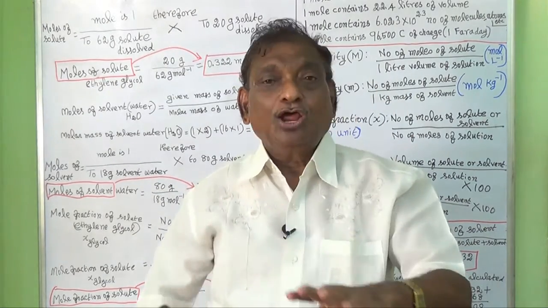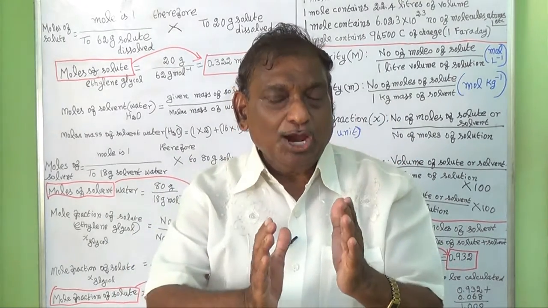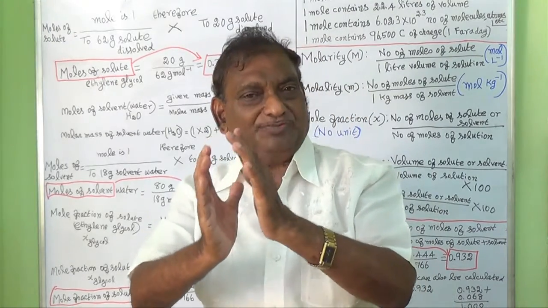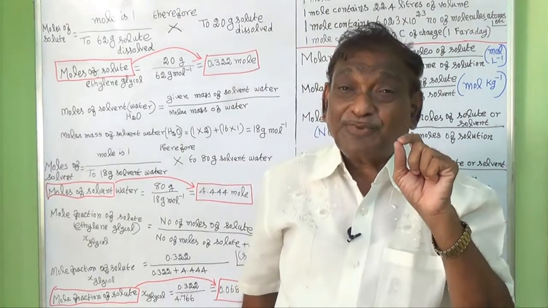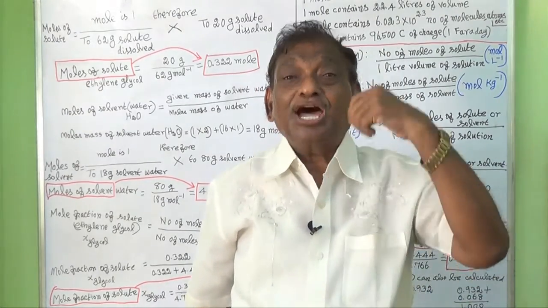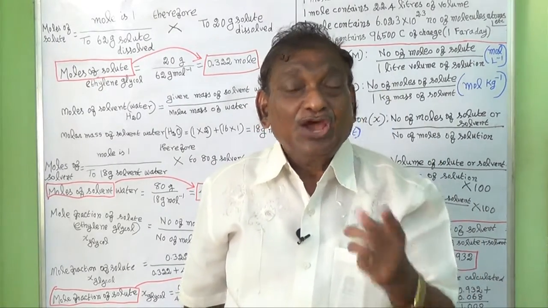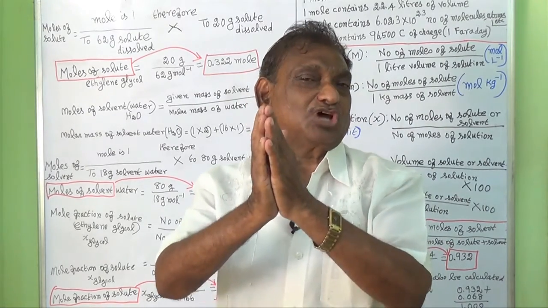No, because the sum of the mole fraction of the solute and the mole fraction of the solvent will be equal to 1. So we will subtract the mole fraction of the solute from 1 and we will get the mole fraction of the solvent.